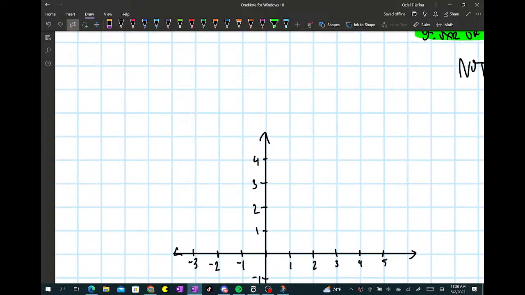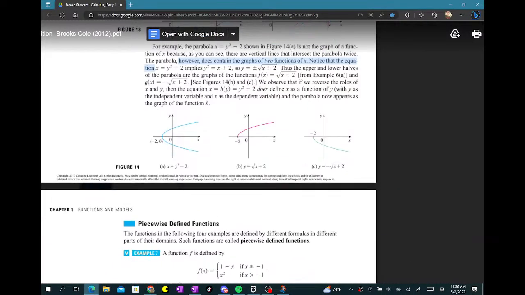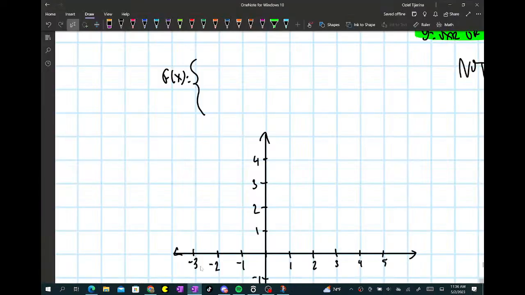But our function is defined by f of x, and it is piecewise, so it is the following. 1 minus x such that x is less than or equal to negative 1, excuse me. Let me write this down.